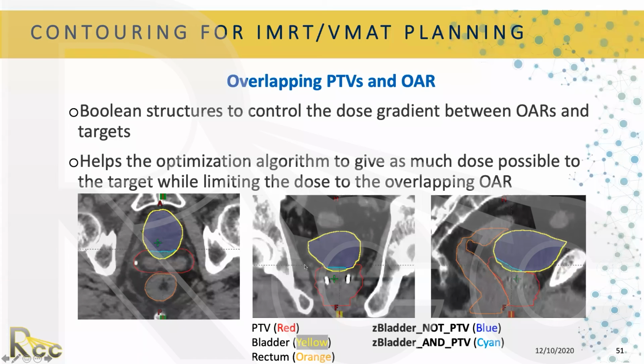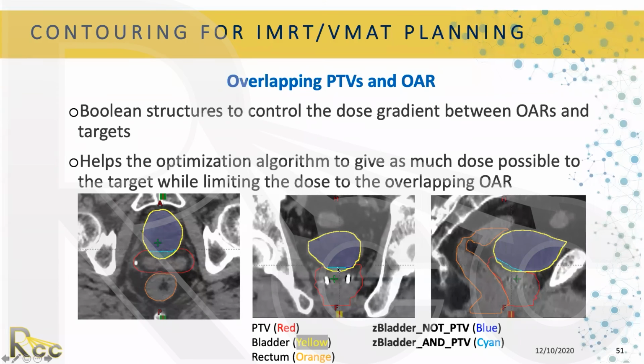Sometimes, just to help the area of overlap, because you're going to be constraining the bladder to a maximum dose or some volume constraint, you constrain the whole bladder with the margin if you want, but also you don't want to lose too much coverage in this overlap area.